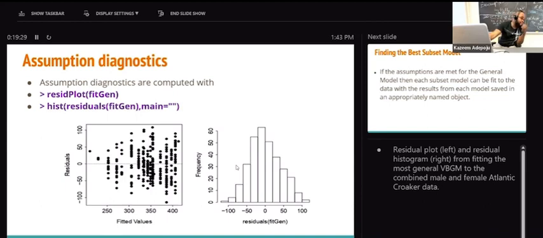Don't forget the data set I'm using here: I'm using the combined data for male and female. And this is looking promising in terms of whether the constant variance assumption or the normality assumption is violated. Take a look at this. There's no violation here.